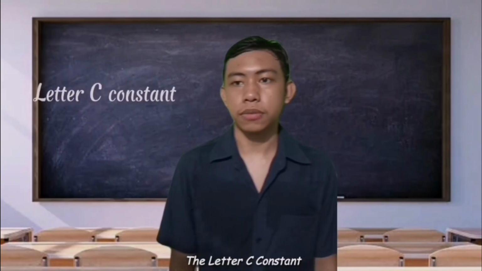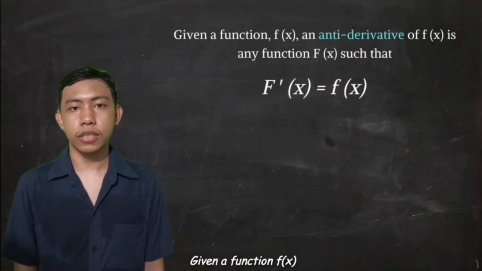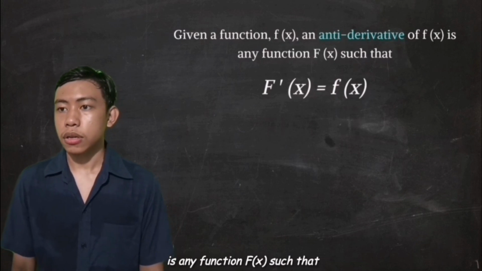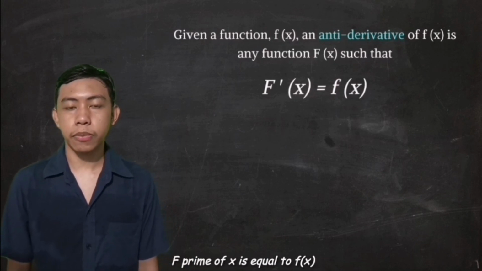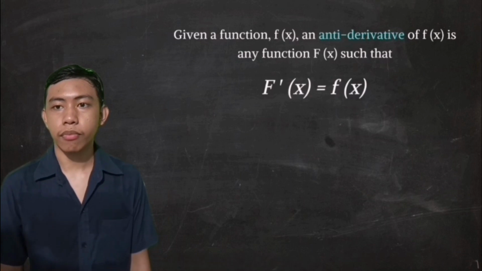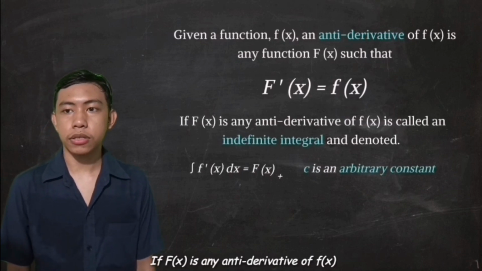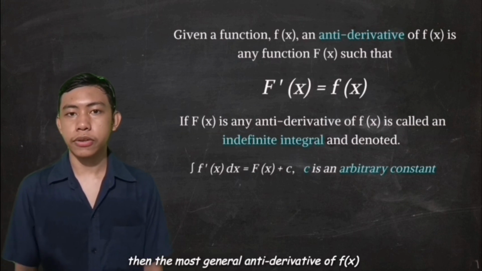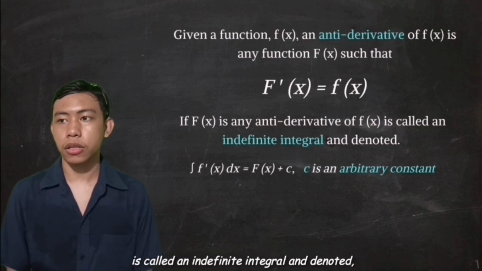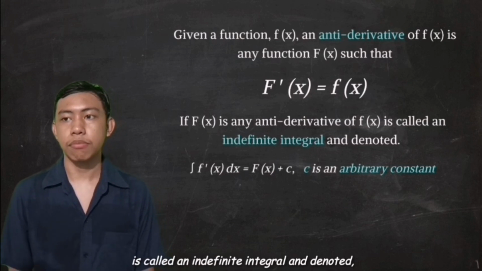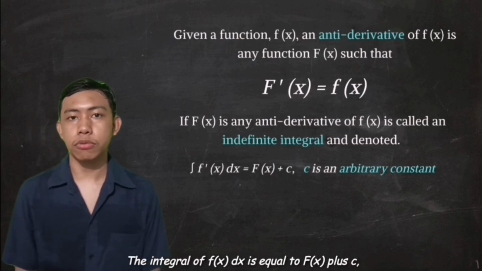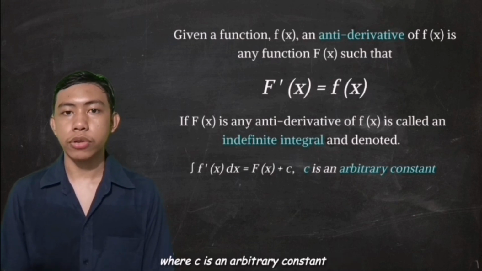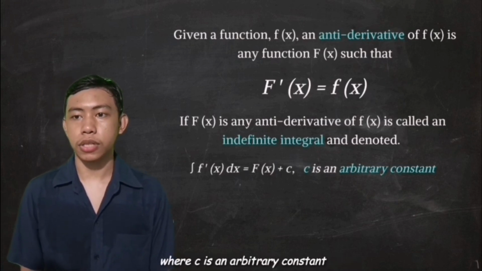The letter c, constant. Given a function f of x, an antiderivative of f of x is any function F of x such that F prime of x is equal to f of x. If F of x is any antiderivative of f of x, then the most general antiderivative of f of x is called an indefinite integral and denoted the integral of f of x with respect to x is equal to F of x plus c, where c is any arbitrary constant.